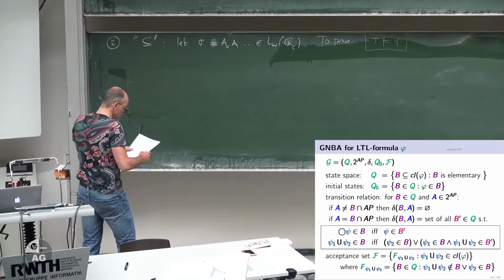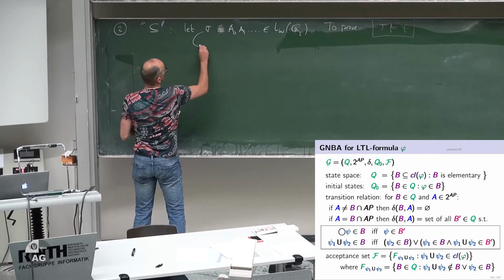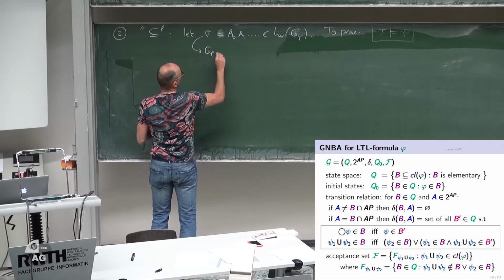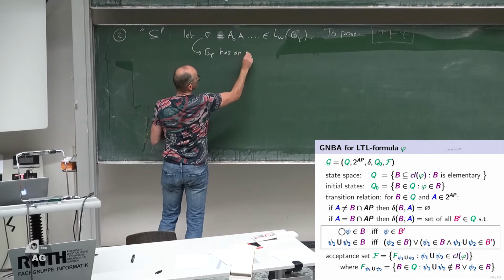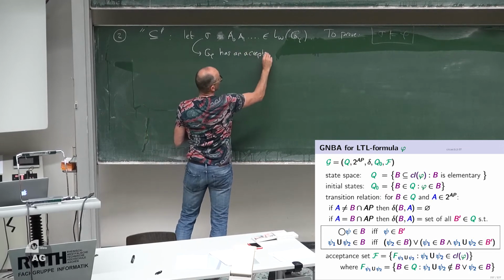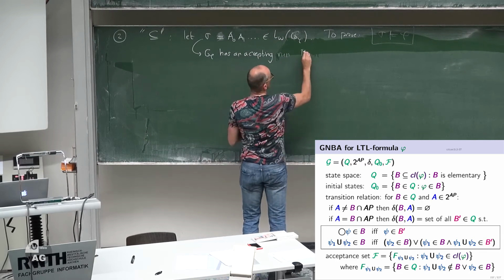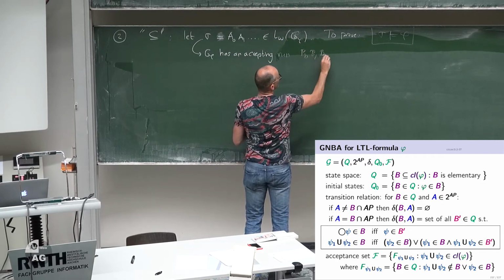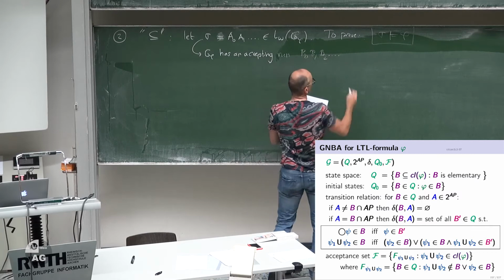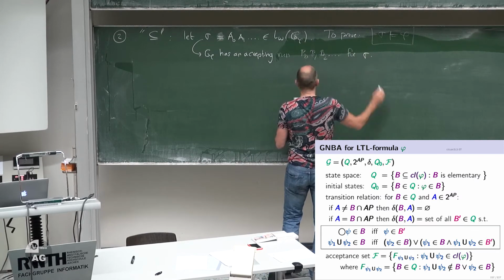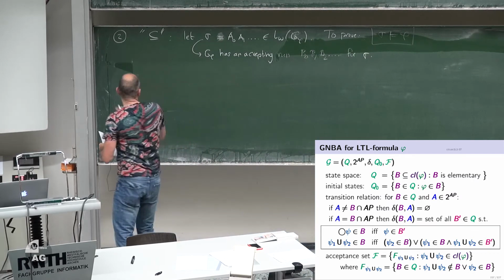Good. What does this mean? This means that G phi has an accepting run. Yeah, because otherwise this word would not be in the language. Let's say this was an accepting run B0, B1, B2, etc., which is an accepting run for sigma. Good.